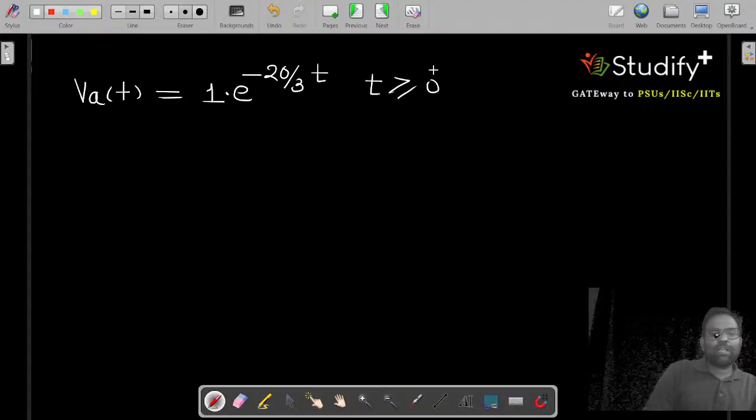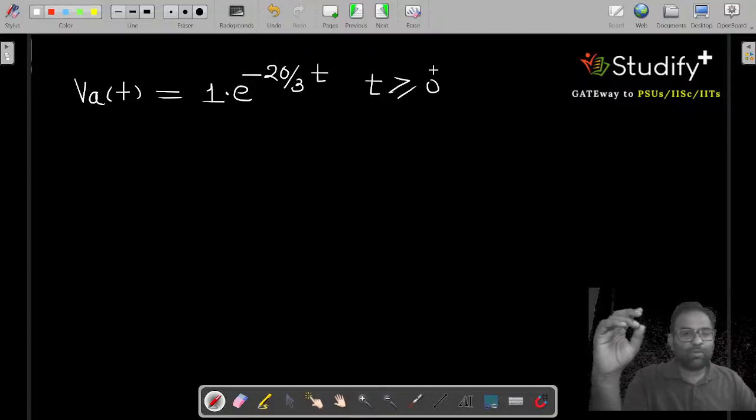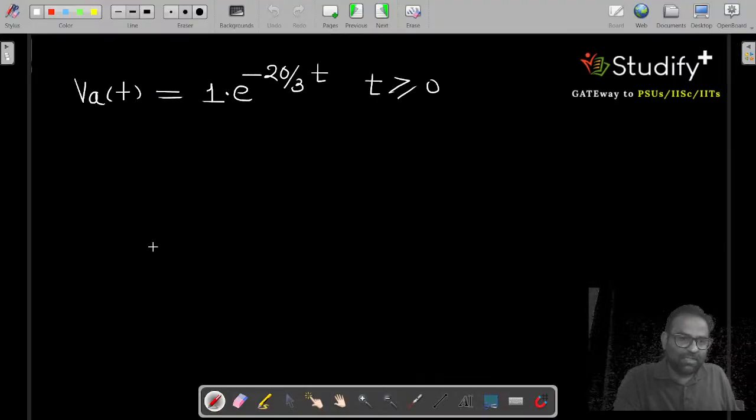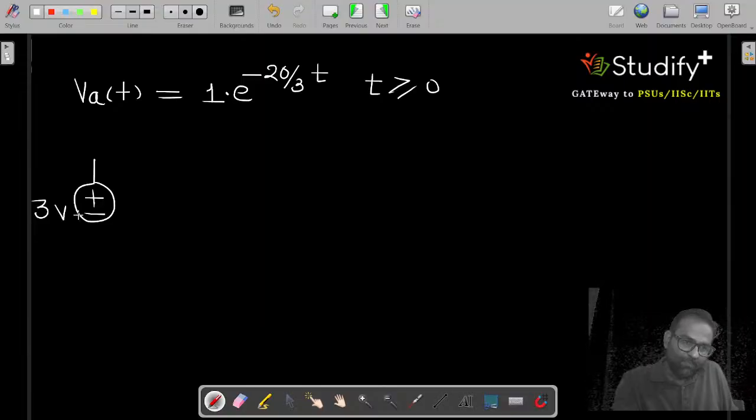If you know the voltage across inductor, you can calculate the current across inductor also, because what is our circuit? Our circuit for t greater than 0 looks like this. This is 3 volt.